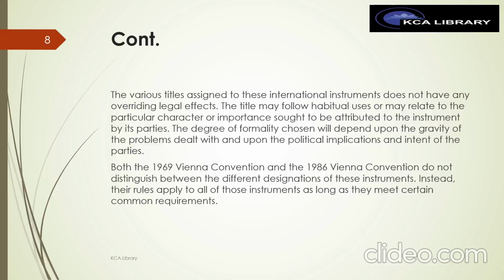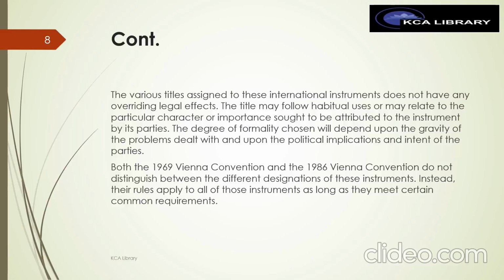So the various titles assigned to these international instruments do not have any overriding legal effects, and the title may follow habitual uses or may relate to the particular character or importance sought to be attributed to the instrument by its parties. The degree of formality chosen will depend upon the gravity of the problems dealt with, the political implications, and the intent of the parties.